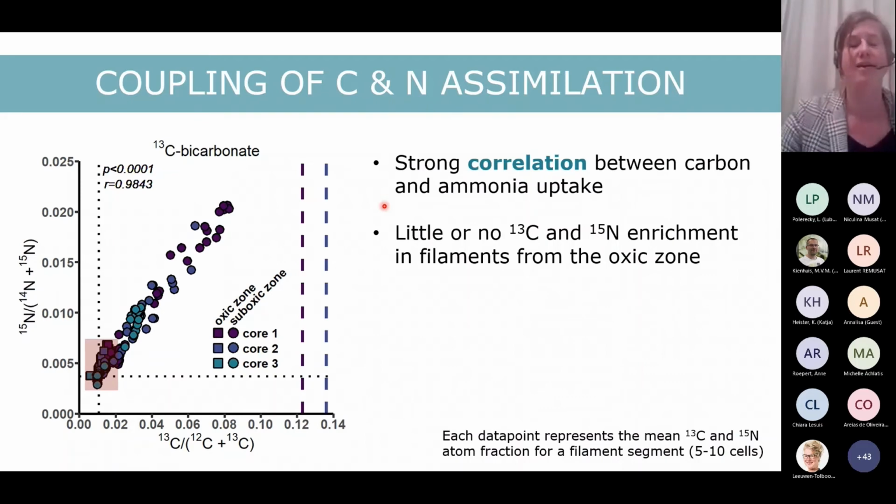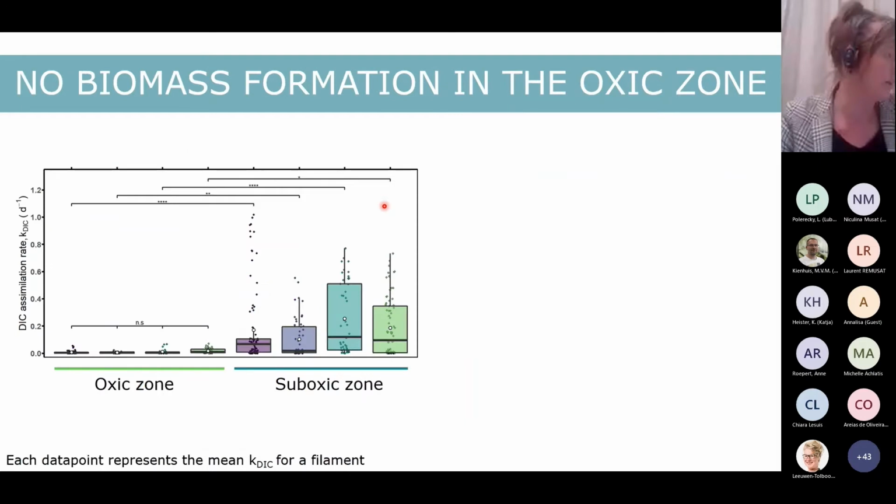Because we have the 13C atom fraction of the pore water, we could do quantification with this NanoSIMS data. So we could convert the 13C atom fraction to inorganic carbon assimilation rates, which is what you see here.